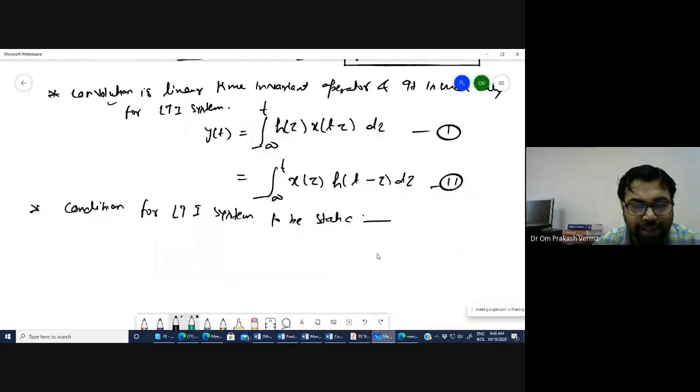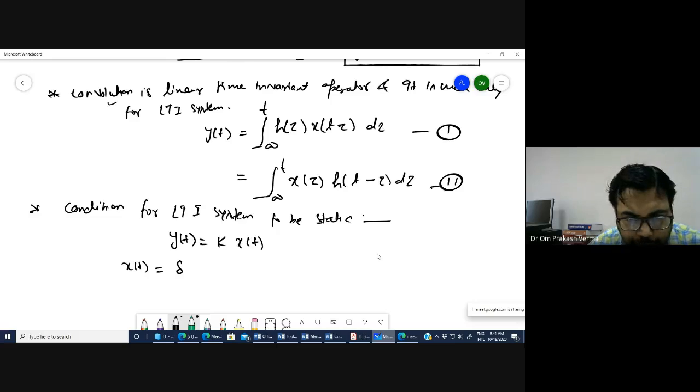So the condition for the LTI system to be static, what is the criteria? Let's say we have an output y(t) related to the input like k x(t). Now you put the input value x(t) as an impulse input.